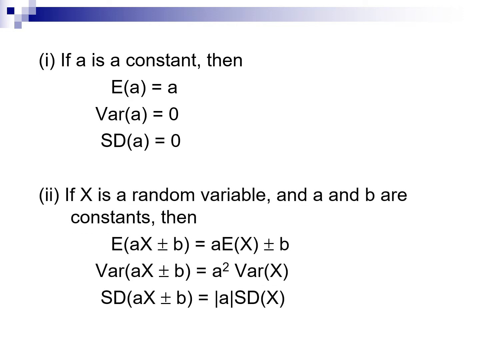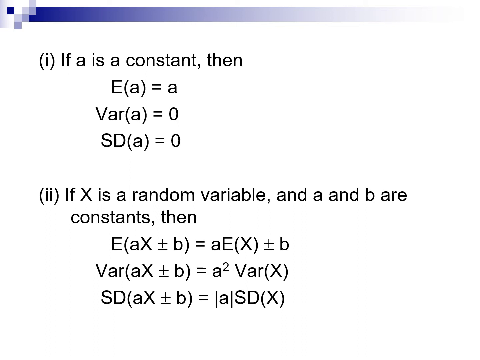Law number 2: if x is a discrete random variable and a and b are constants, then the expected value of ax plus or minus b is equivalent to aE(x) plus or minus b, while the variance of ax plus or minus b is the same as a squared variance of x.